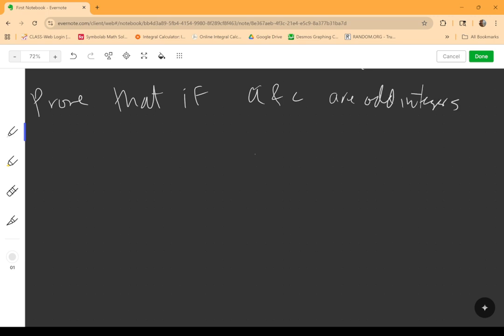Prove that if A and C are odd integers, then AB plus BC is even.